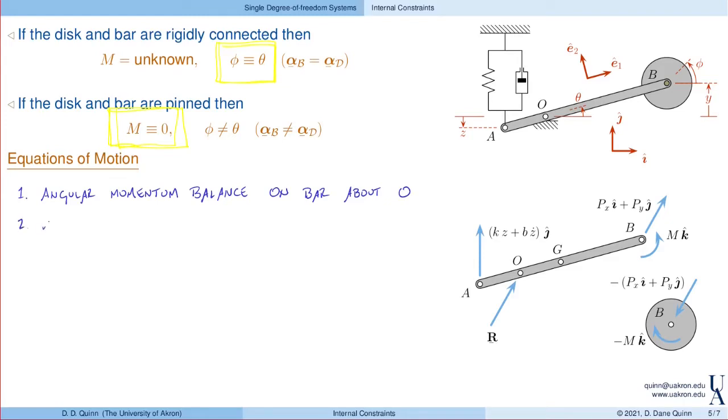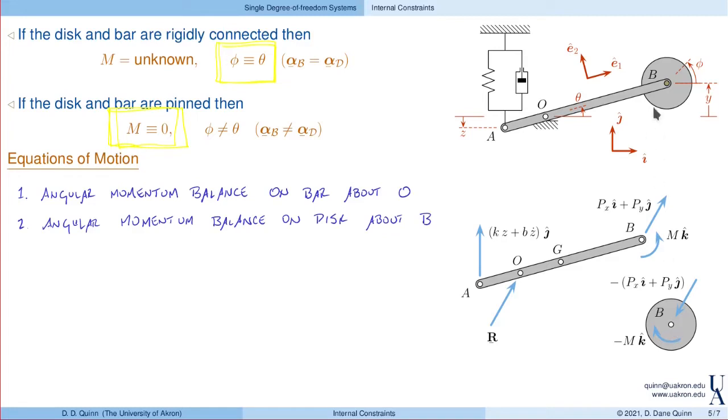And then we'll have angular momentum balance of the disk about its center. So that's at B, right?